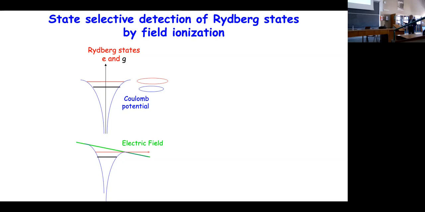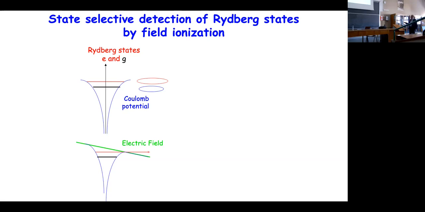When you apply an electric field, what do you do? You add to this Coulomb potential a linear potential, something which varies with the electric field, which gives a linear slope to the potential.